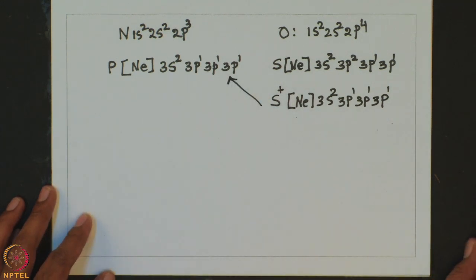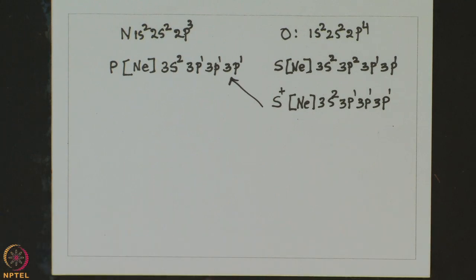Because of this, it is very easy to remove the electron from sulfur to make it S plus, whereas in case of phosphorus or nitrogen, since we have half filled electronic configuration, little more energy has to be spent in order to remove that first electron in the form of first ionization energy. So, this will give some idea about the relative ionization energy of various elements in the periodic table.